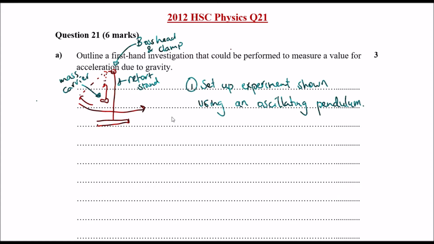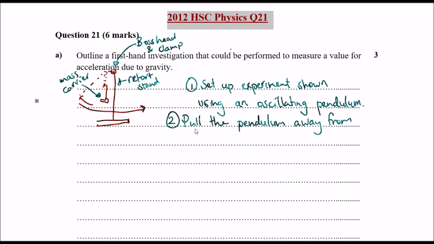Okay, so step two, pull the pendulum away from center about 10 degrees. What we're going to do is then release the pendulum and allow it to do 10 oscillations.